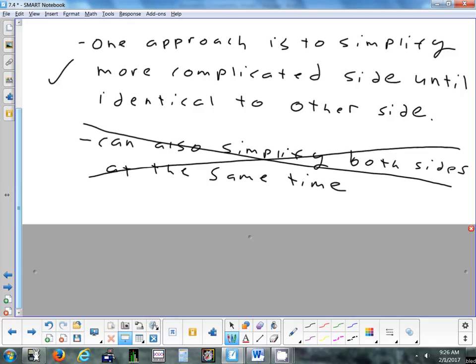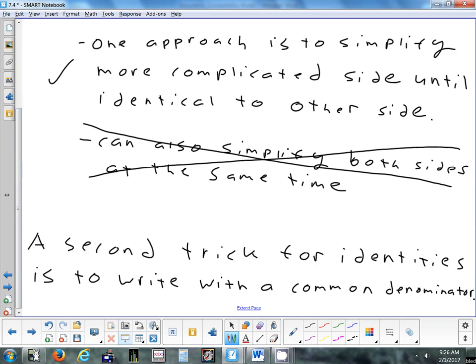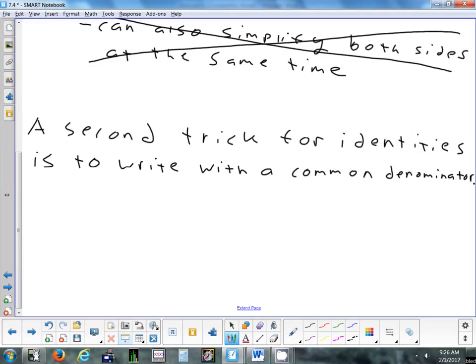All right, so the first trick I showed you was changing everything to sines and cosines. A lot of times that works out nice, but sometimes you want to try something a little different. Okay, and another trick for working with trig identities is to rewrite with a common denominator.